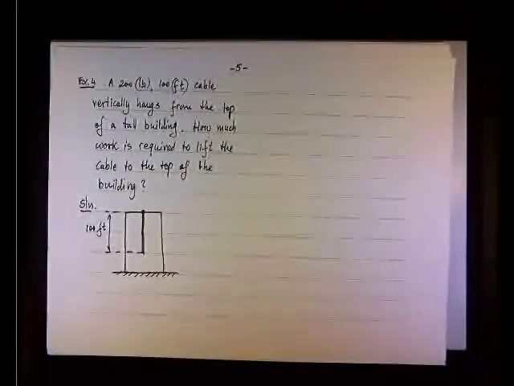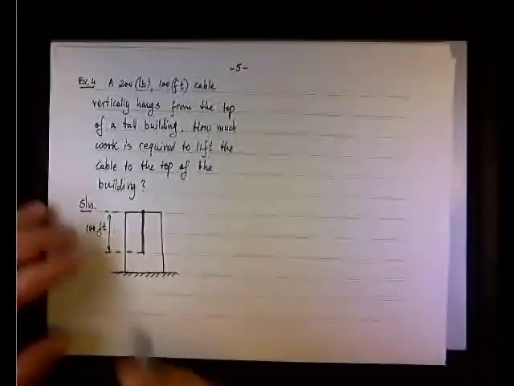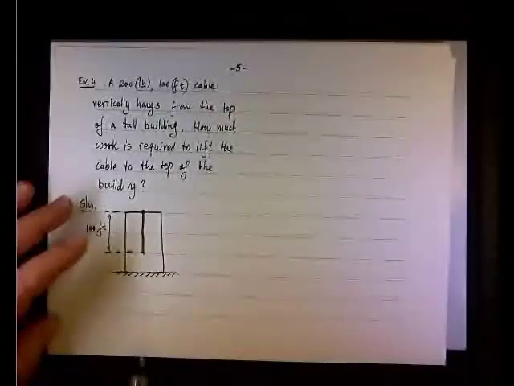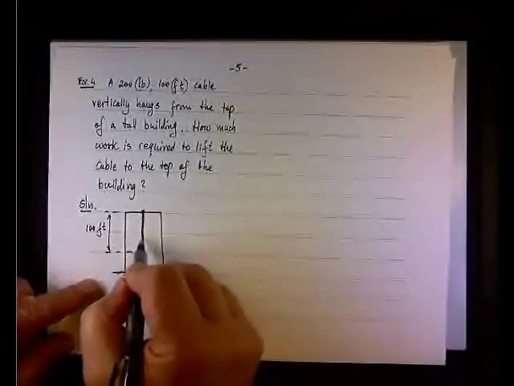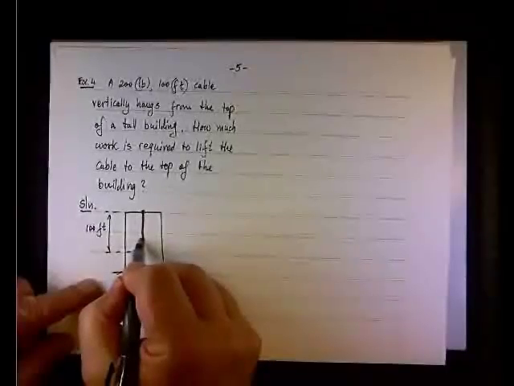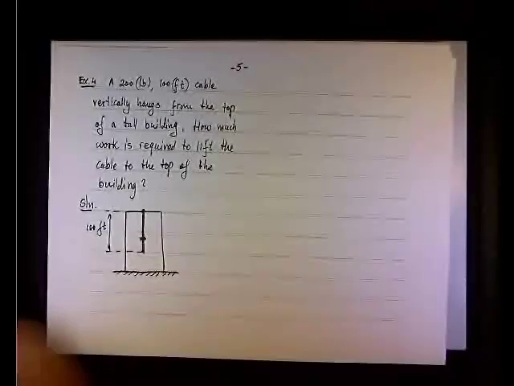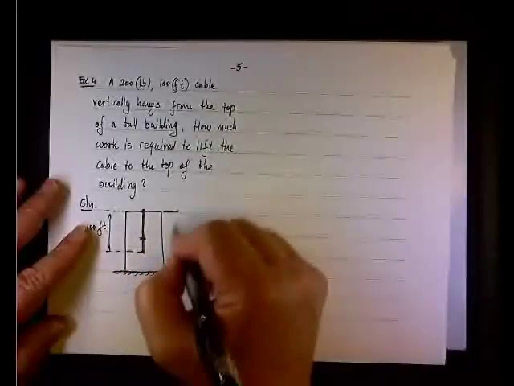Okay. What we do, as we did before, because the cable is distributed, the weight of the cable is distributed over every piece of it. We'll just take a piece of it. How small is the piece? You can think that it will be an infinitely small piece, so we call it dx. X will be measured from here.